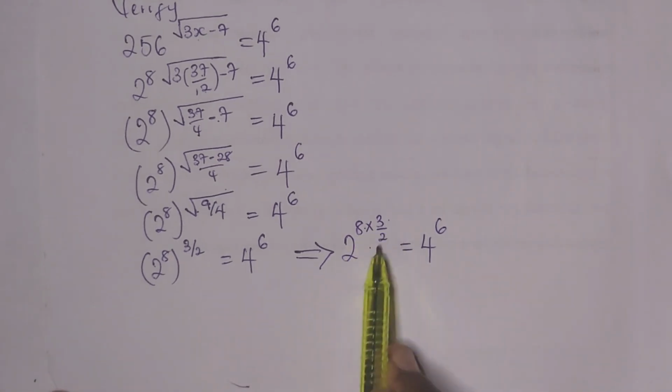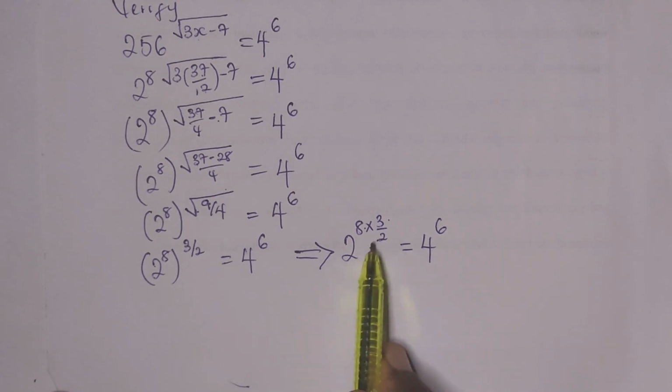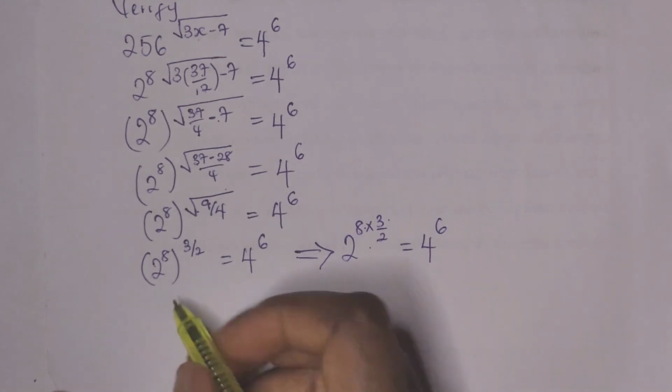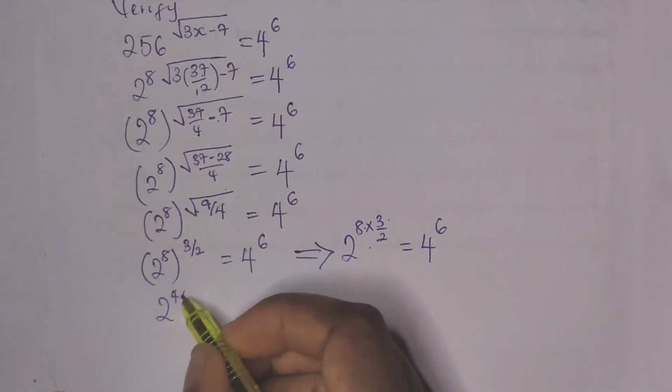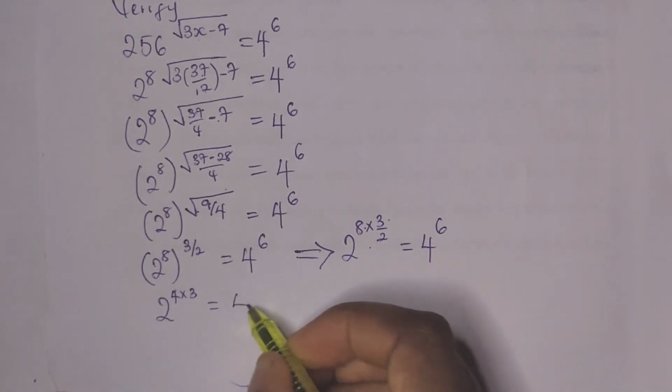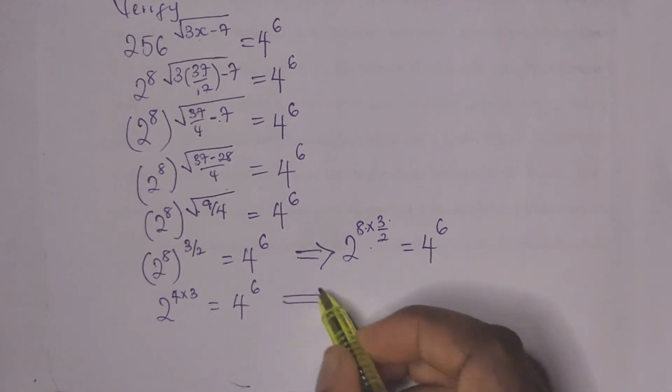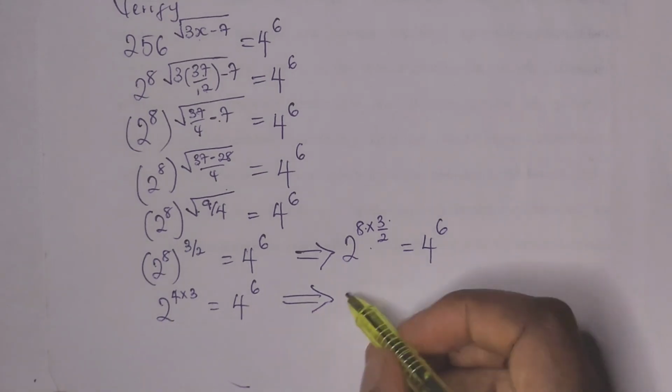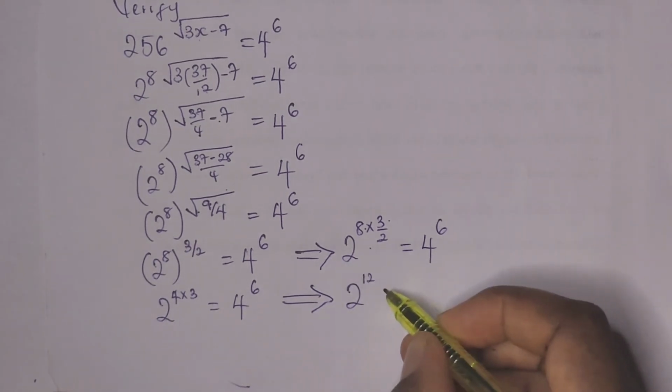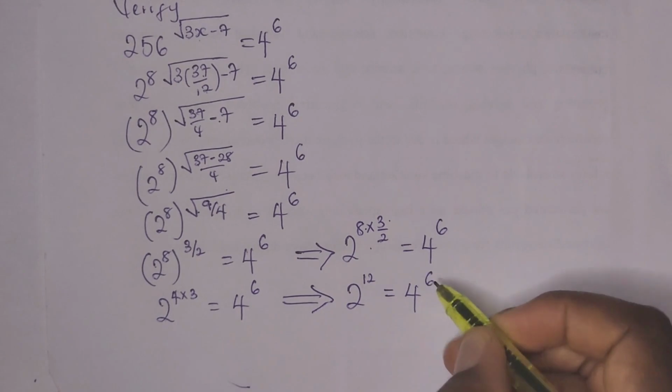So 8 divided by 2, that's 4 times 3. So you have 2 to the power of 4 times 3, equal to 4 to the power of 6. This implies that 2 to the power of 12 is equal to 4 to the power of 6.